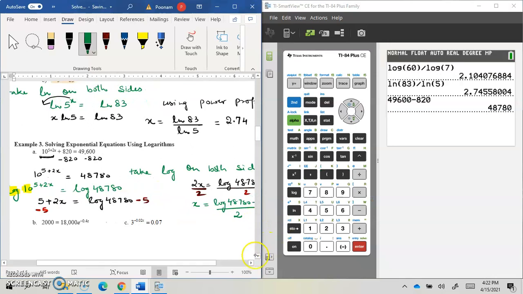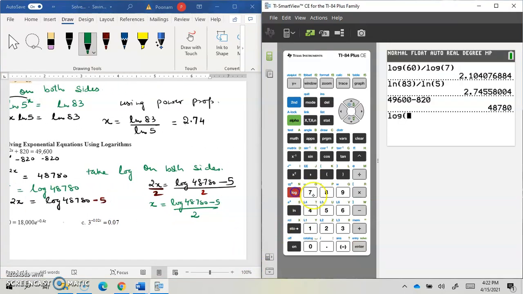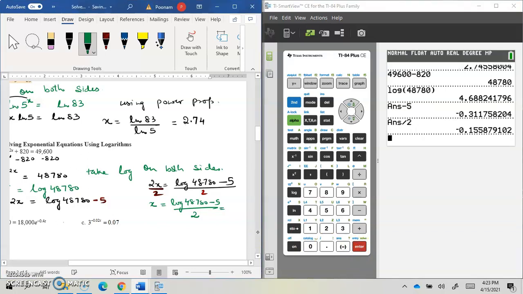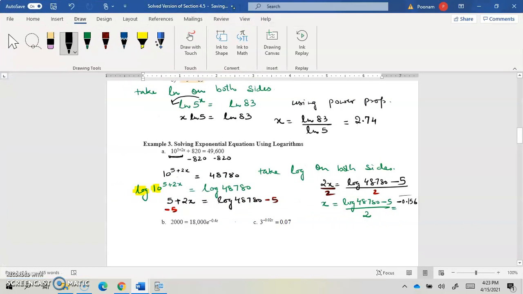We can use the calculator to do that. Log of this minus 5 divided by 2. So we have x is equal to negative 0.155. You can round it off by writing 0.156. That is your answer.